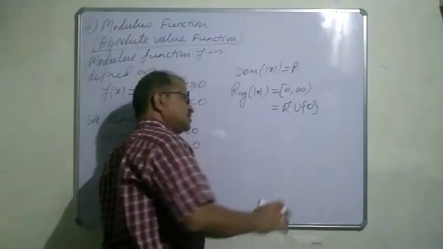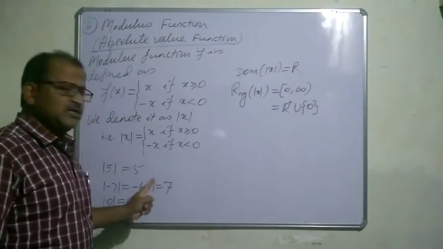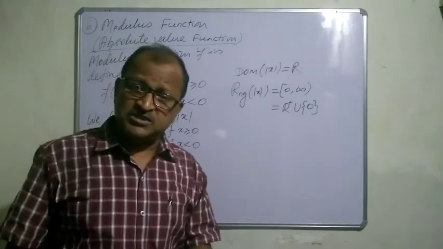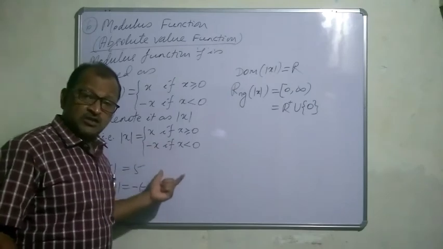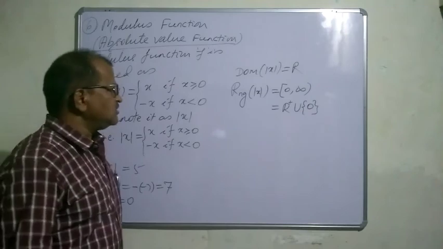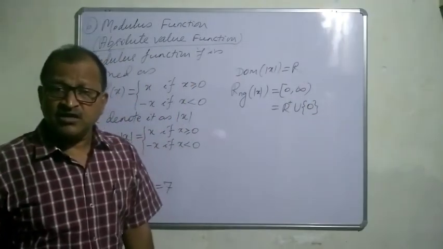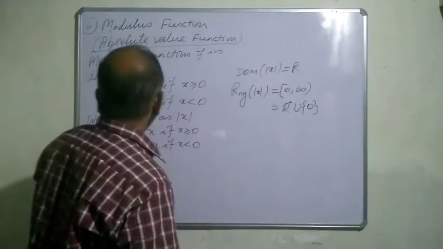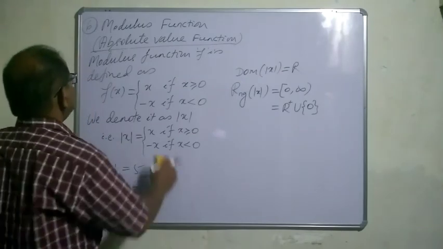You can write it like this, because from the definition it is clear that x may be positive, may be negative, may be 0, but the modulus of x, the absolute value of x, cannot be negative. You know it very well. So its range must be the set of non-negative real numbers. Very important. Now let us draw the graph of this absolute value function.